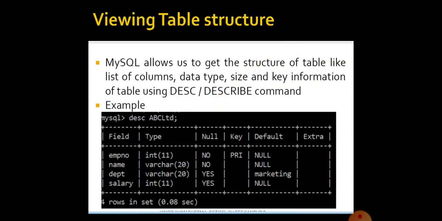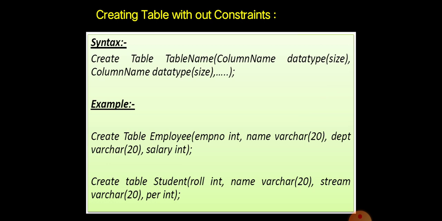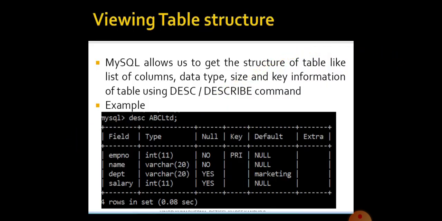How to view the table structure? After creating the table using the create query, you can view the table structure by giving the query describe. Look at the command given, DESC, or else you can give describe. Here the table name they used is ABC Limited. How many columns are there? Only 4. The field indicates the column names.